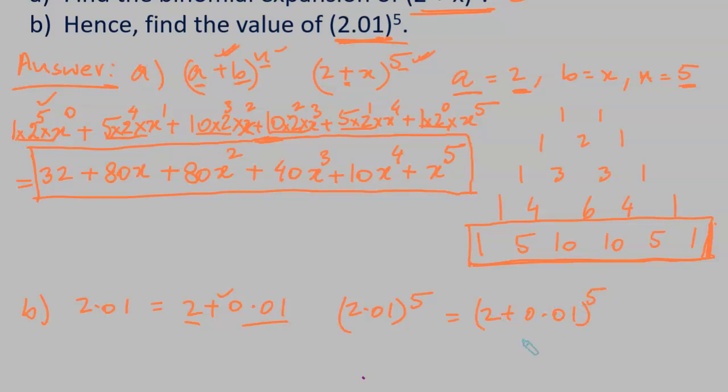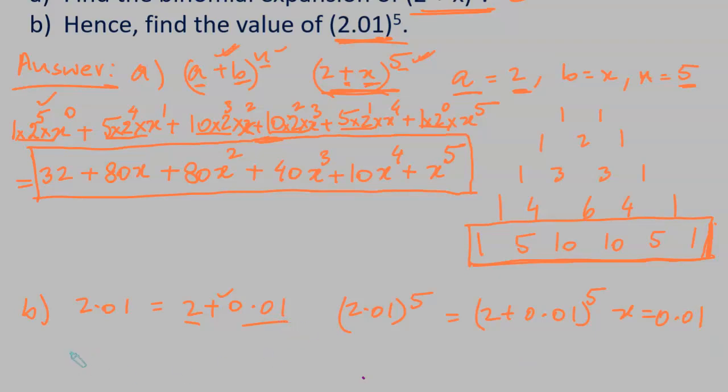And what was our part A's binomial expression? It was 2 plus x. X is a variable, so x can be taking this value of 0.01.